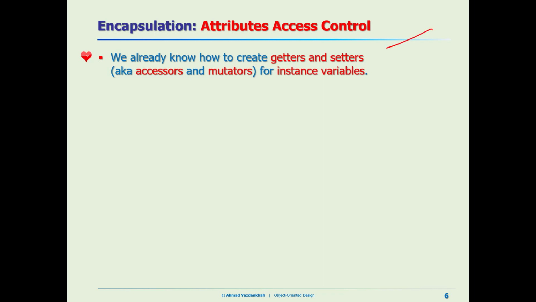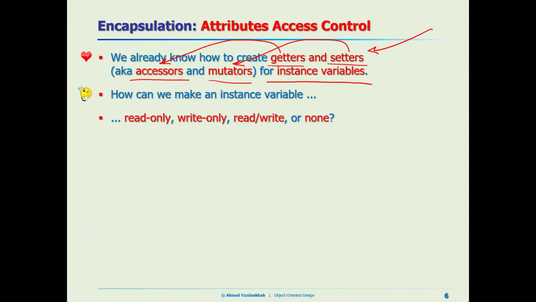In the previous courses, you have learned what getters and setters are, in Java terminology. Getters and setters are also known as accessors and mutators. The getter is the accessor and the setter is the mutator, and both are applicable to instance variables. The question is, how can we make an instance variable read only, write only, read write, or none? It's very easy.